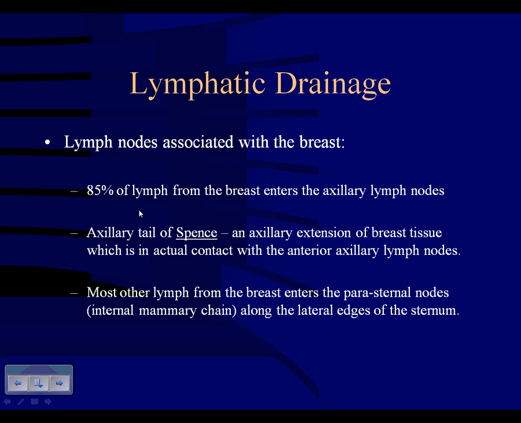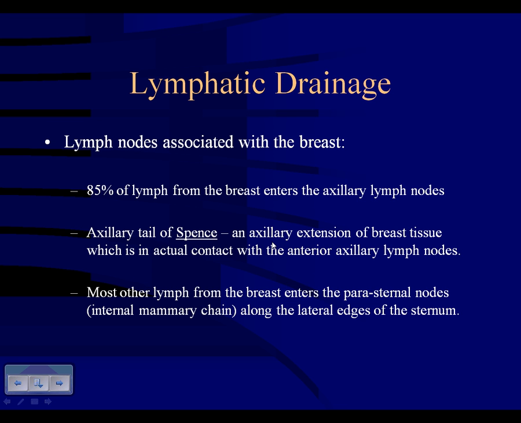Now again, 85% of lymph from the breast enters the axillary lymph nodes, as I mentioned. I didn't mention 85%, but now you have the percentage. And there sometimes is normally this little tail of breast tissue that can also extend up into the axilla. It's called the axillary tail. And you don't want to confuse that with lymph nodes.